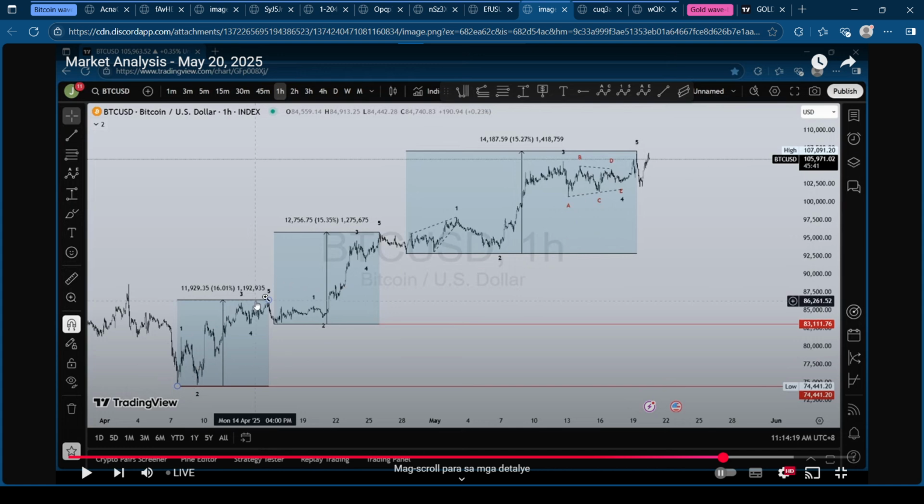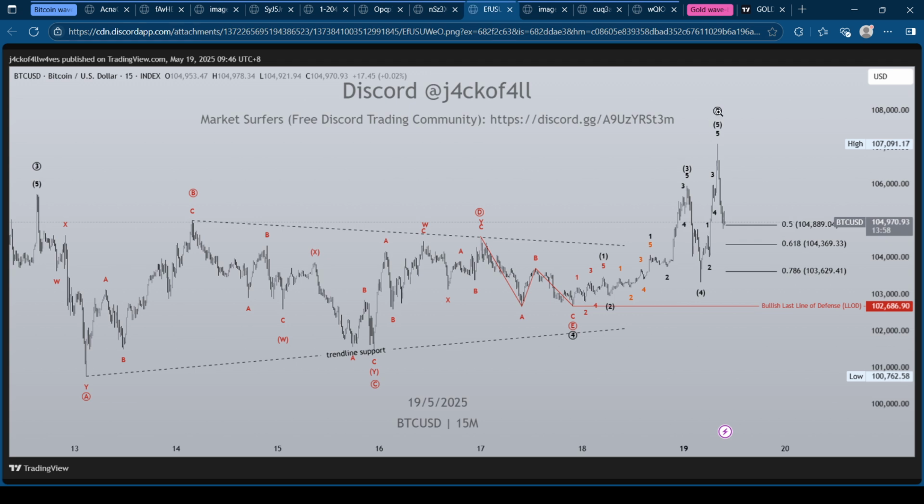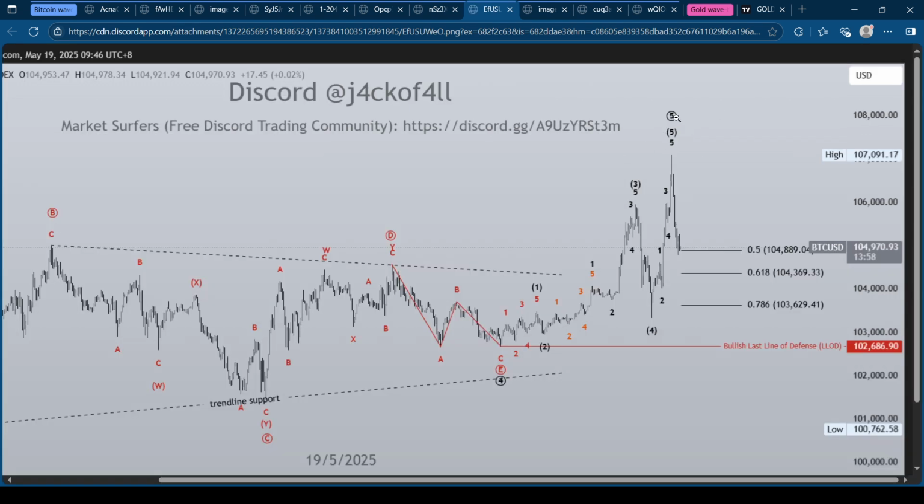I have here the first 5 waves, the second set of 5 waves, and the third set of 5 waves. Because just like in my counting here, I am certain that the internal waves of the encircled wave 5 are completed.